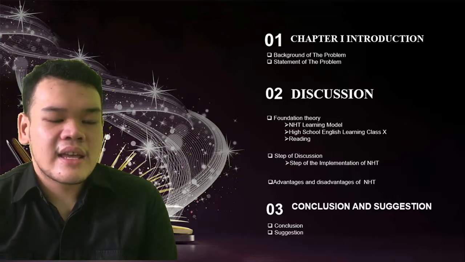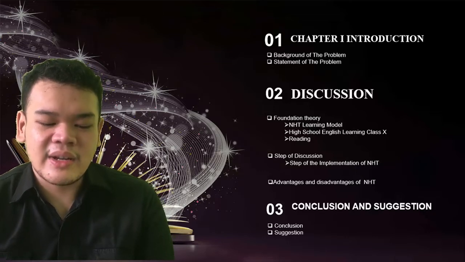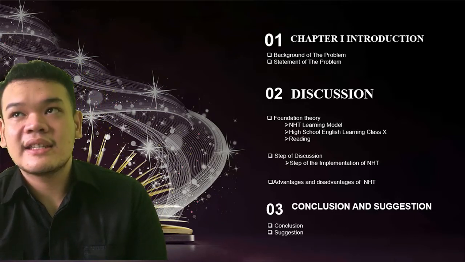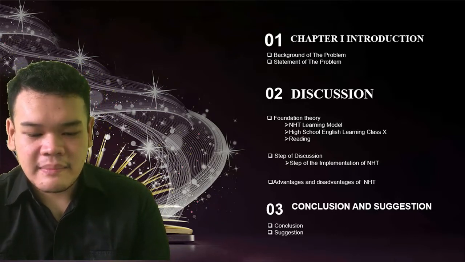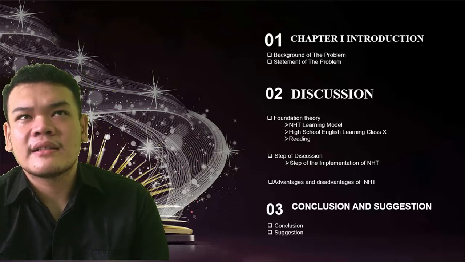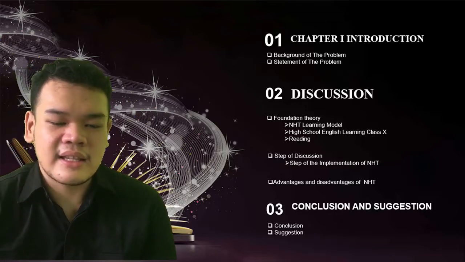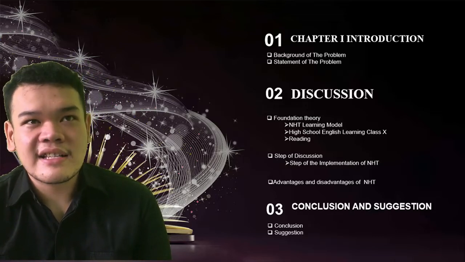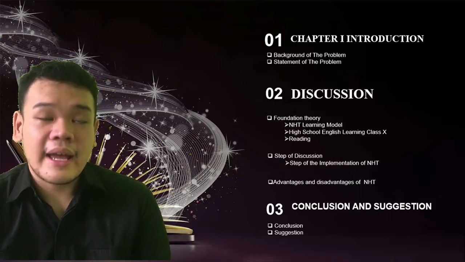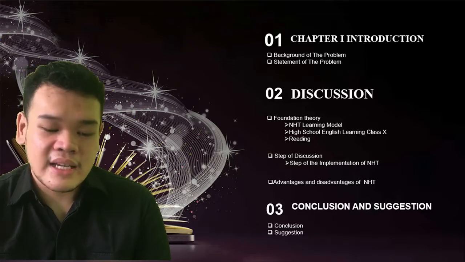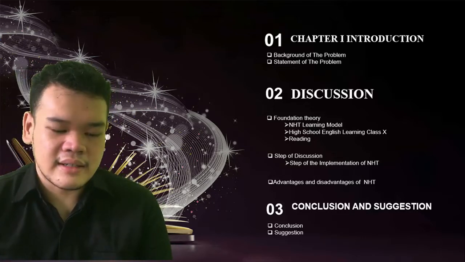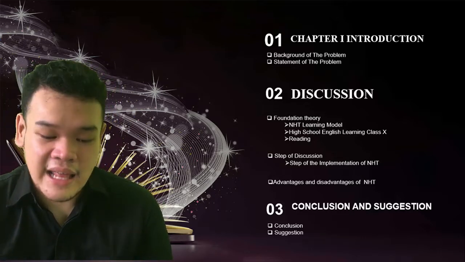Then there is high school English learning in the 10th class, because I chose just one class. This is in the 10th class in high school. And the last discussion is about reading, which is related to the NHT itself.